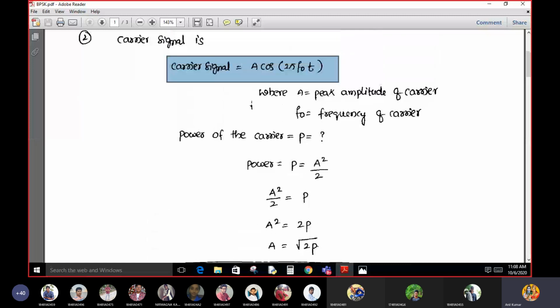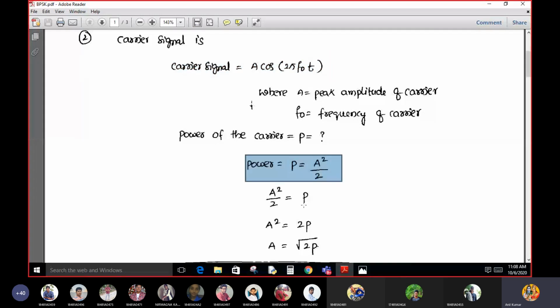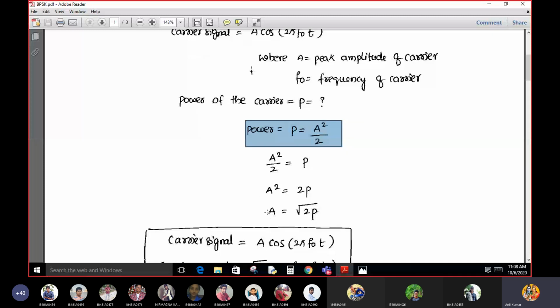Now I consider this one as a carrier signal, and the power of the carrier signal is A square divided by 2, where power is represented by P. So P equals amplitude square divided by 2.